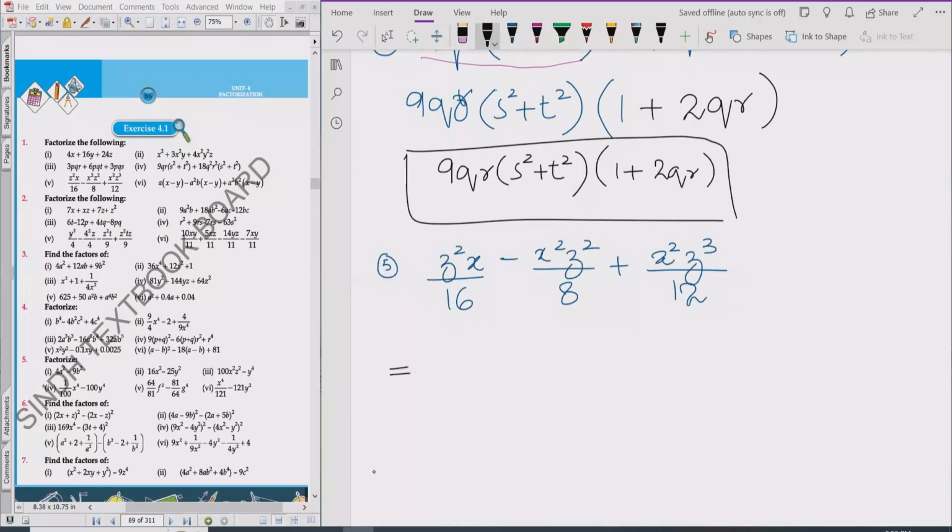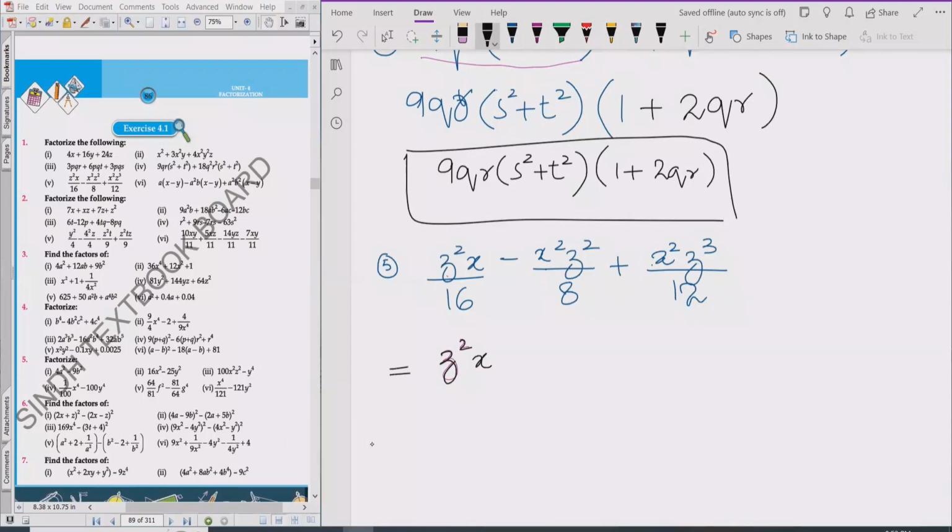So here x and z are coming common in all terms, so we can take the lowest power of x and z. So here is z squared and z cubed, so we can take z squared common here. And after that, we have x squared, but we do not have x squared in the first term, so we will take only x.